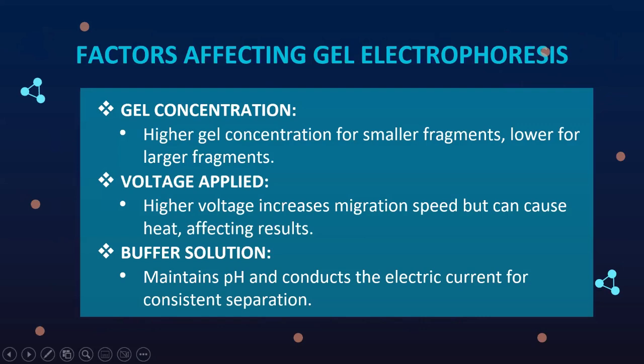Kaya, the first one is the gel concentration. So, higher gel concentration for smaller fragments, while lower naman po yung concentration when it comes to larger fragments. Okay? So, for voltage applied, applying a higher voltage during the electrophoresis increases the migration speed of the molecules through the gel, allowing na mas mabilis po yung kanilang pag-separate.